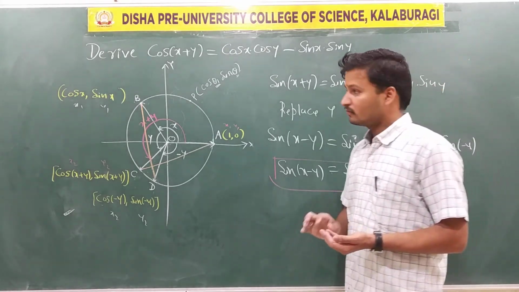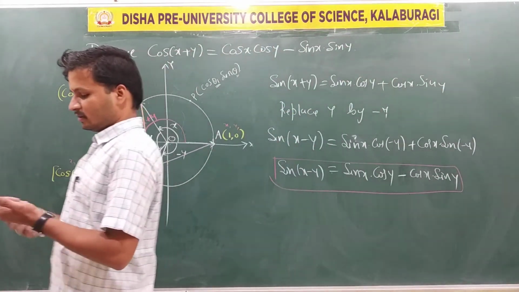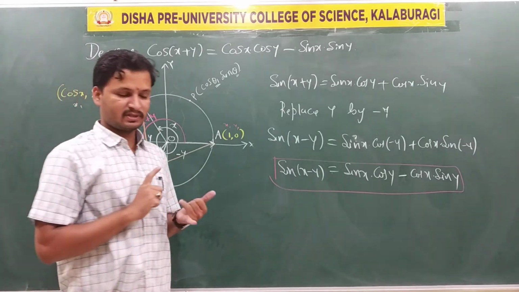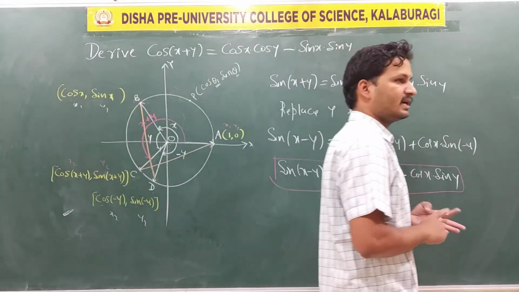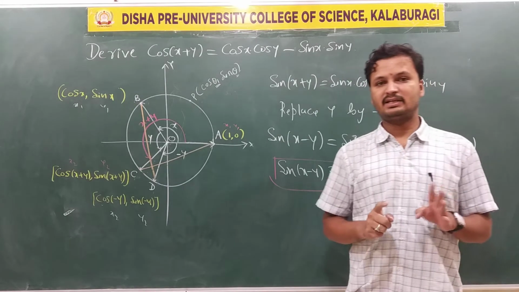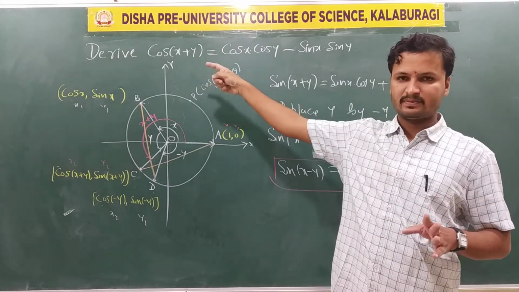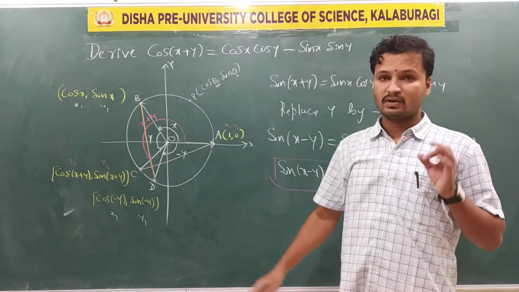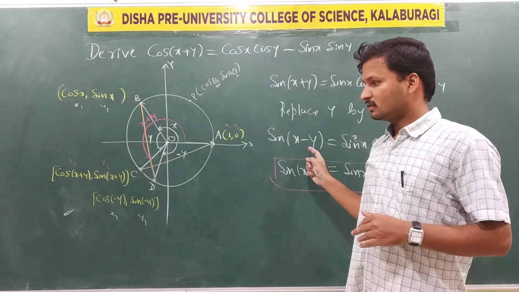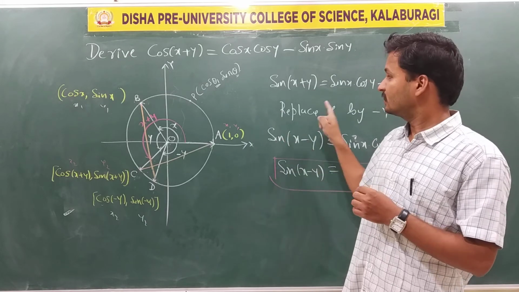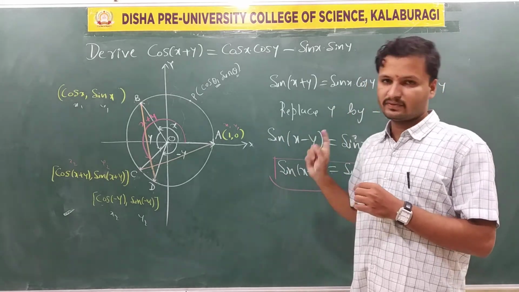So from cos of x plus y, there are 4 results: cos of x minus y, sin of x plus y and sin of x minus y. In the exam, they will ask you to derive cos of x plus y or cos of x minus y, whatever. First you derive the cos of x plus y result, and if they ask either sin of x plus y, prove that, or sin of x minus y.